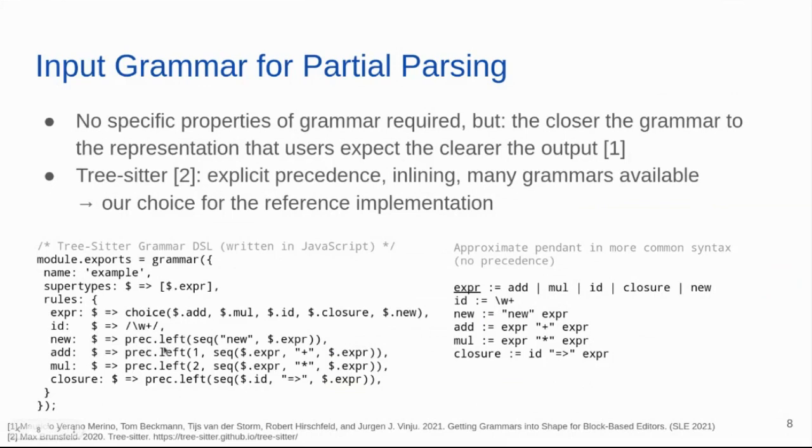Down here you can see the associativity. In this case, all of these are left associative, and also numbered precedence. For comparison, and also because we're going to use this grammar as our running example, I've also pasted it here on the right-hand side in a maybe more familiar style. You can see in particular that it's an expression-based grammar with an ID rule, constructor, addition, multiplication, and a potentially JavaScript-inspired closure expression here.